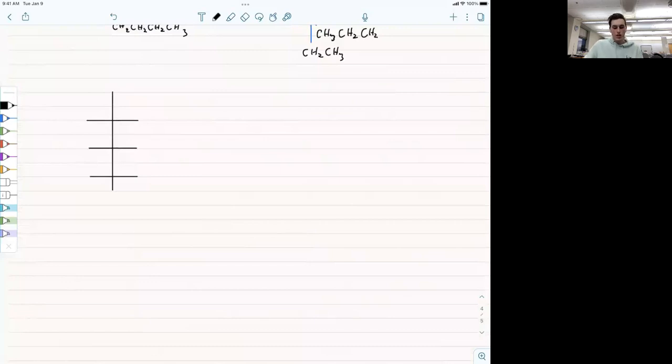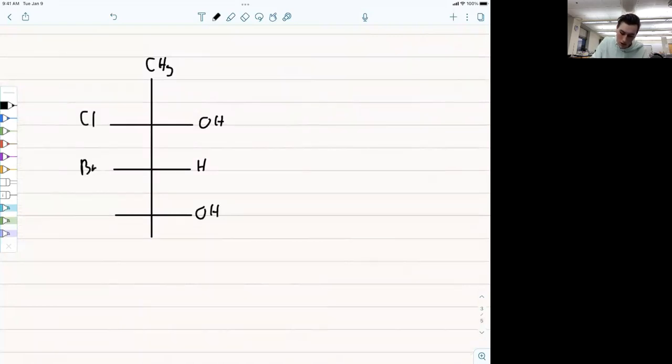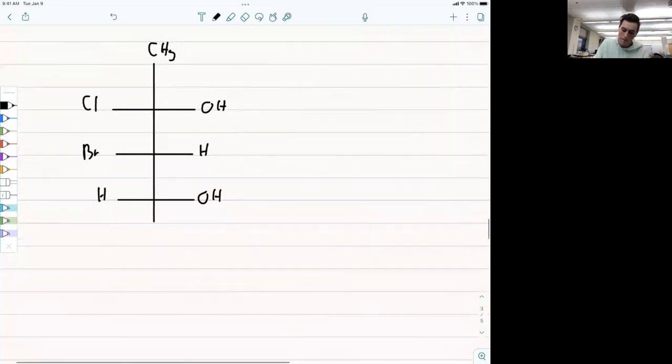So these ones are just saying that if I have this, and I'll just put a few things on here, OH, and then H, and then OH, and then on this side, I had chlorine, I don't know, bromine, and then let's put hydrogen, and then let's put an ethyl group over here.